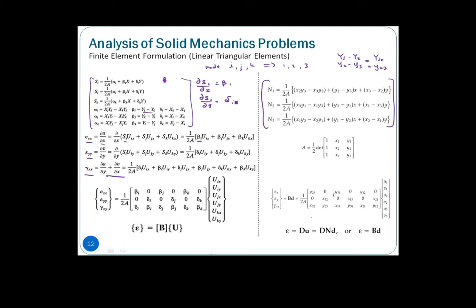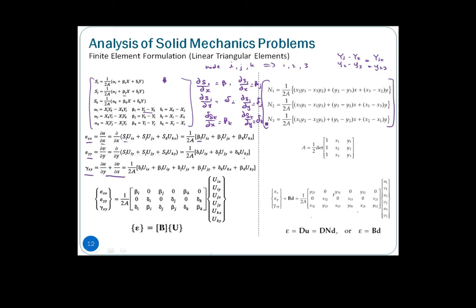Similarly, we have del s_j over del x, which gives beta j, and del s_j over del y is delta j. Similarly, del s_k over del x is beta k, and del s_k over del y equals delta k.